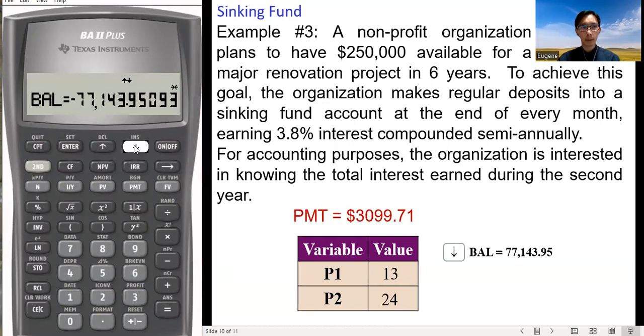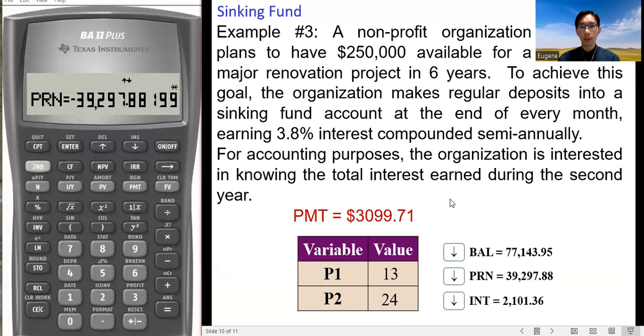And then we can get the balance. This is a sinking fund problem. So this balance corresponds to the accumulated balance after making payment number 24. And then the principal component and the interest component.